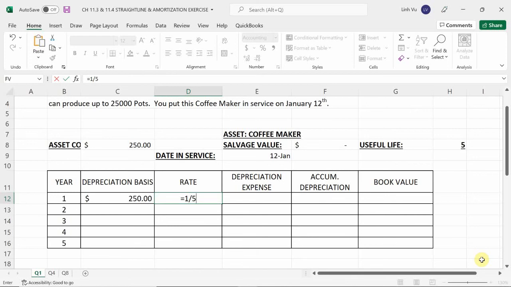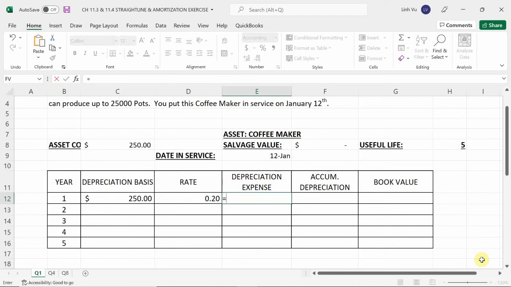Yes. I can't do it on my phone because I don't have a calculator. Stacy, can you help her out? We do just 1 divided by 5, yes. 20%.